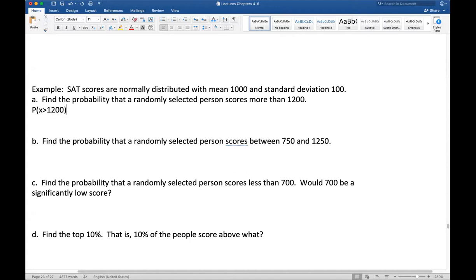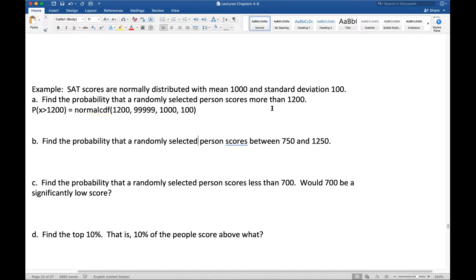Using the normal CDF, the lower limit must be 1200 and the upper limit must be 99999. Mu is 1000, and sigma is 100.